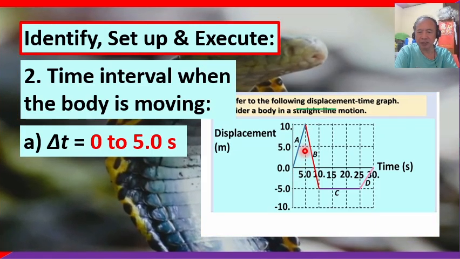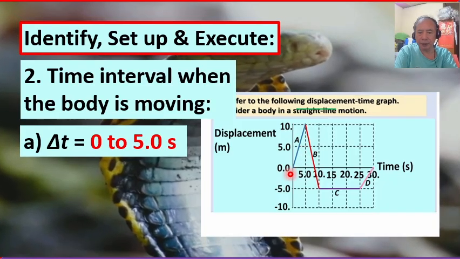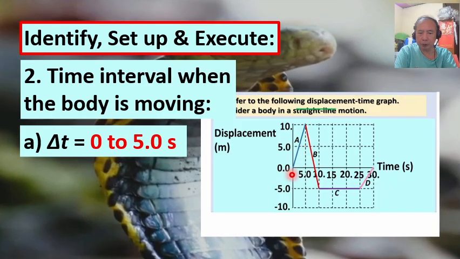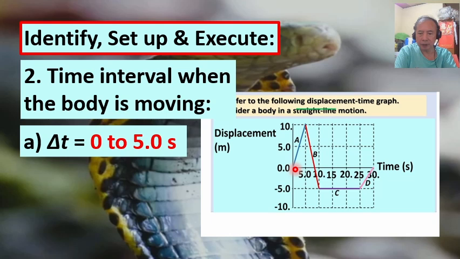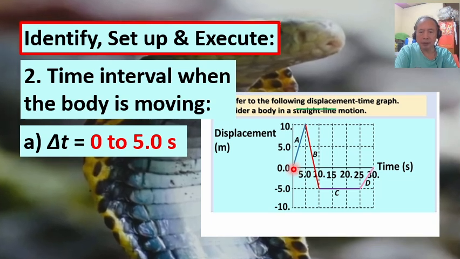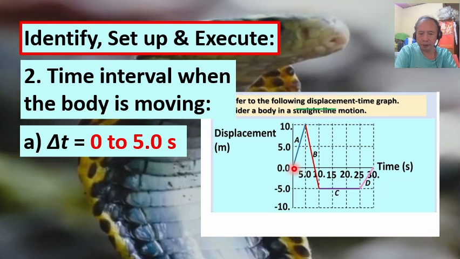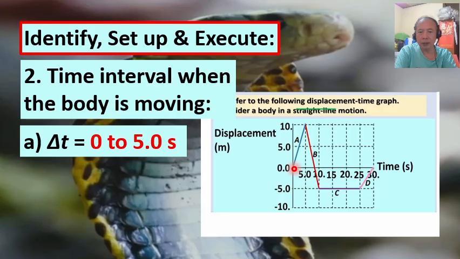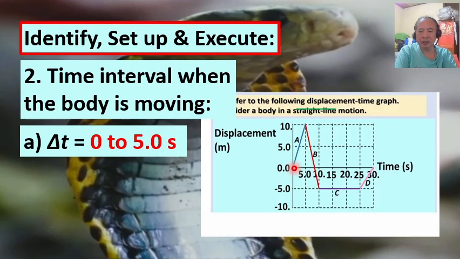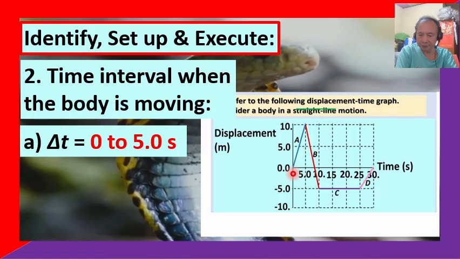So this means that during this interval, 0 to 5.0 seconds, the body in fact is moving with a constant positive velocity.